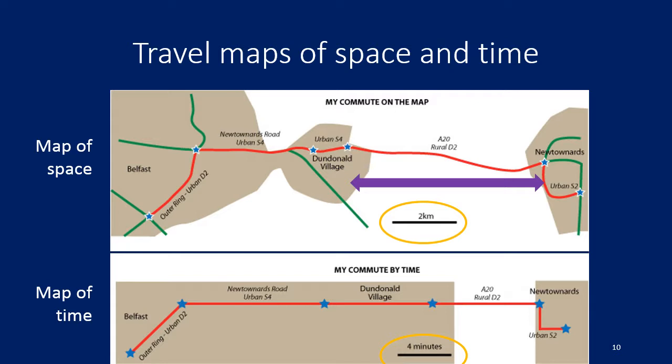Now look at the top, and you see the rural section of the trip is fairly long, and the corresponding section on the bottom is shorter. Now this means that the amount of time it took to travel that longer section was less, and so the speed was greater. This is a way of showing the difference between the space and the time perspective. Even though the top and the bottom are similar, they're still not the same.